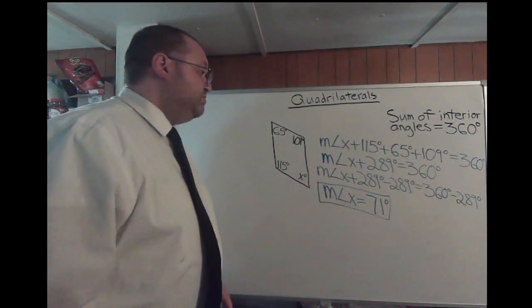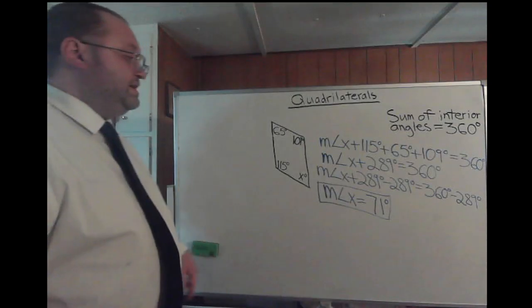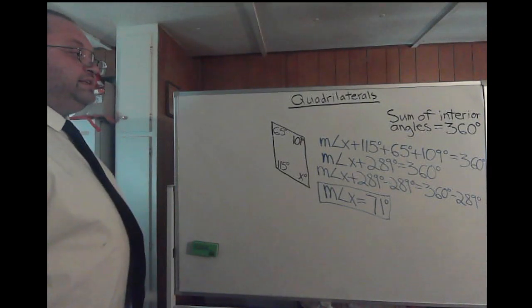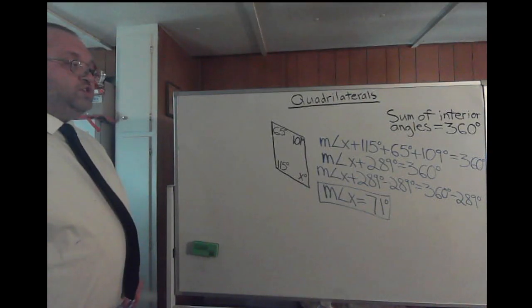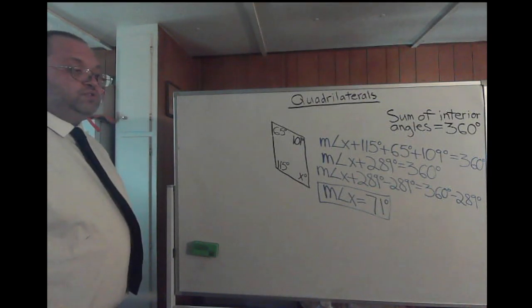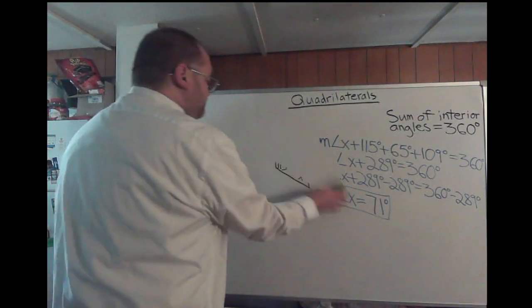That's exactly what you would get. Angle x is equal to 71 degrees. It's a lot like when we solve for missing angles of a triangle, only you have a quadrilateral. Instead of like a triangle where it equals 180, in a quadrilateral it equals 360. But I got more examples of this.